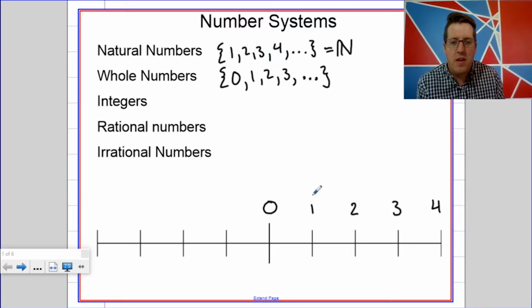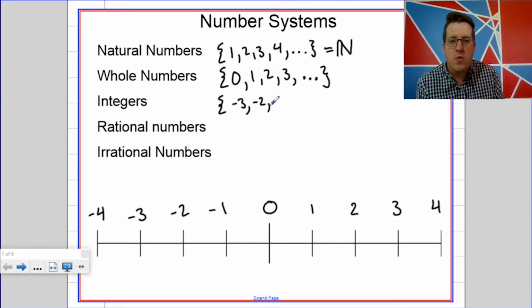The integers are next. If you think about it, the first thing you learn as a kid are 1, 2, 3, 4, and then you learn 0 a little bit later. And then the negative integers, you learn much later. So the integers are numbers like -3, -2, -1, 0, 1, 2, and 3.